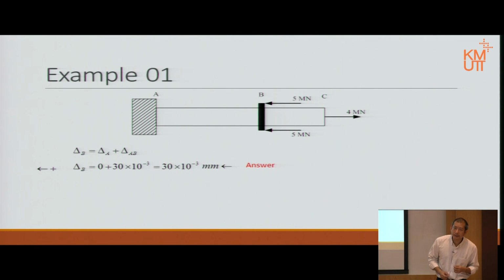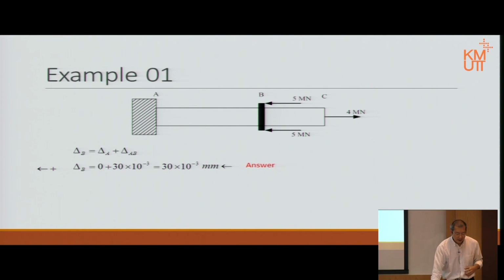What about point C then? Point C moves not relative to A, well, in a sense it's relative to A, but in our calculation it's actually relative to B. Before we talk about the extension, we talk about how much it moves together first, and then C extends.